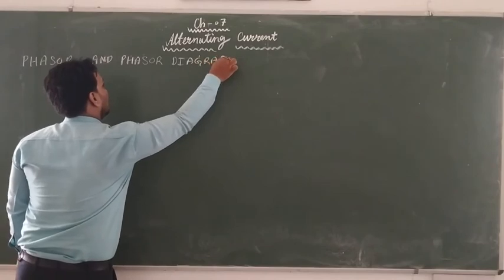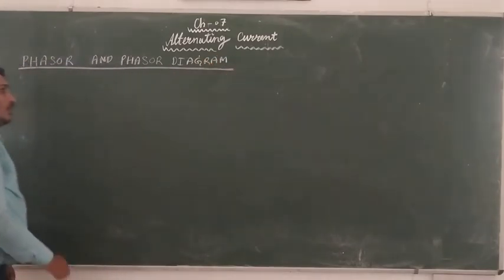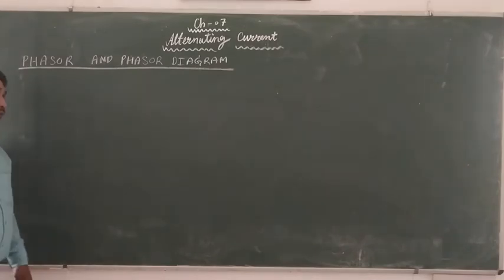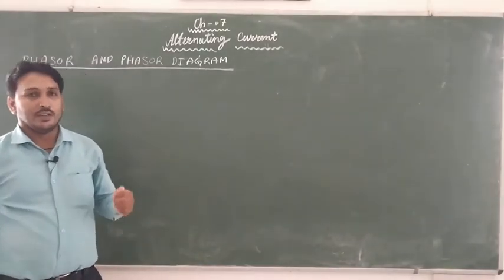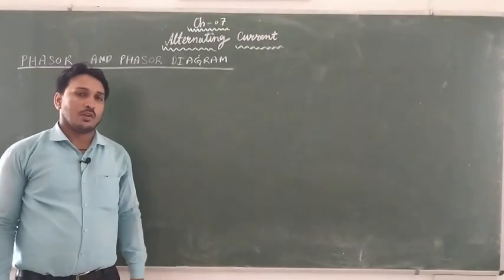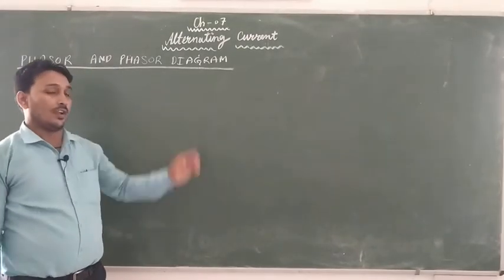I often say that this particular topic is the soul of the chapter. If you are not able to understand phasor and phasor diagram, the whole alternating current chapter will go in vain. All will be wasted.